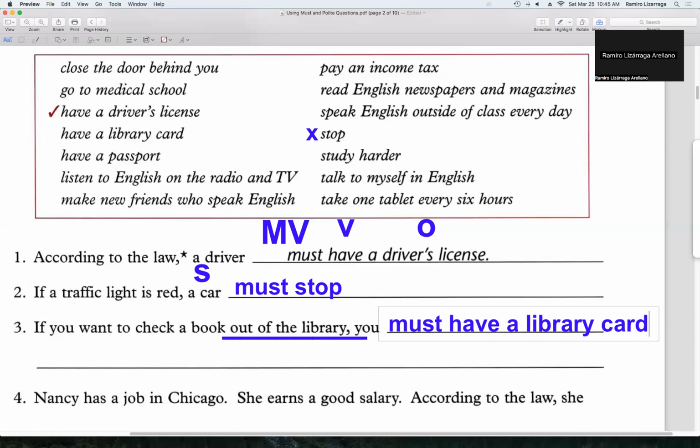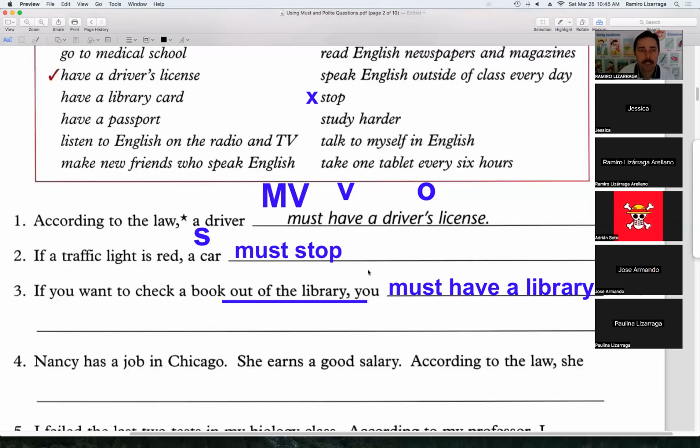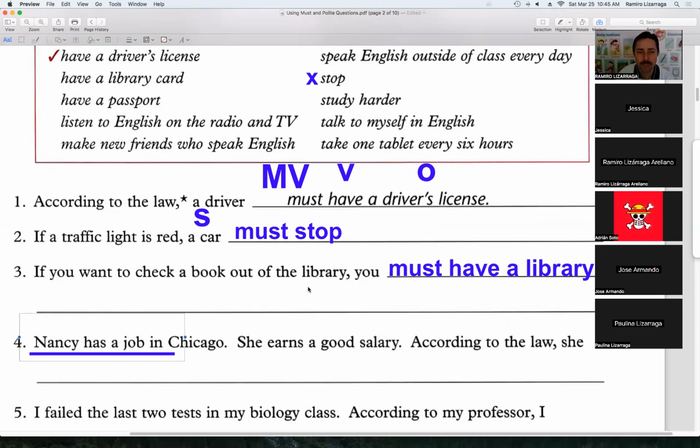There it is. So you must have a library card. Sí, aquí sí tenemos bibliotecas, pero desafortunadamente no tienen mucho material, ¿no? Muchos libros, no hay muchas opciones. Pero sí, también es la idea. También podemos tener el mismo servicio.